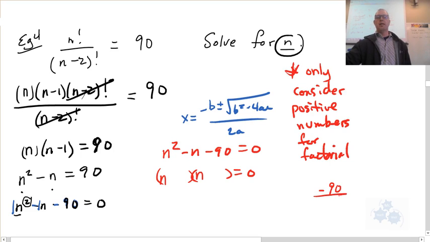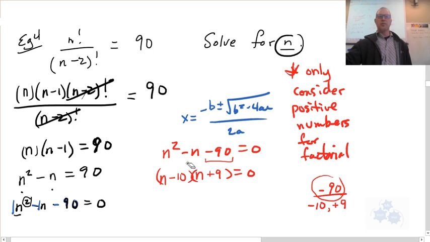What are the factors of negative 90 that have a difference of 1? It's going to be 10 and 9. Negative 10 and positive 9 multiply to negative 90 and add up to negative 1. And so you have n minus 10 times n plus 9.